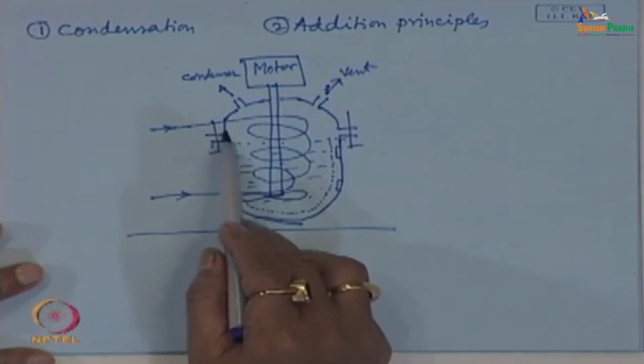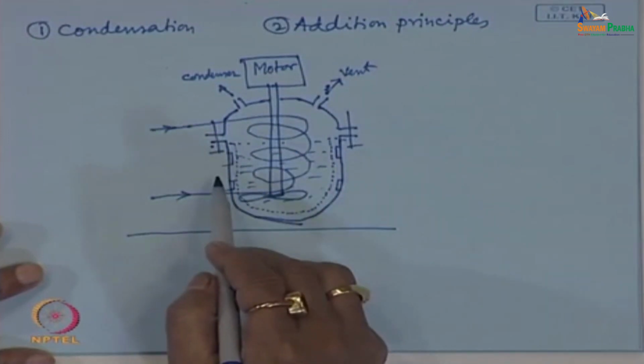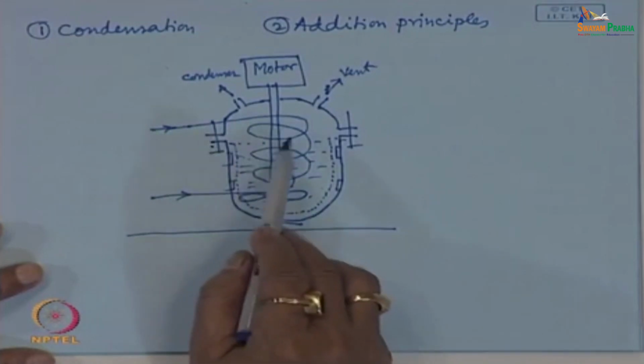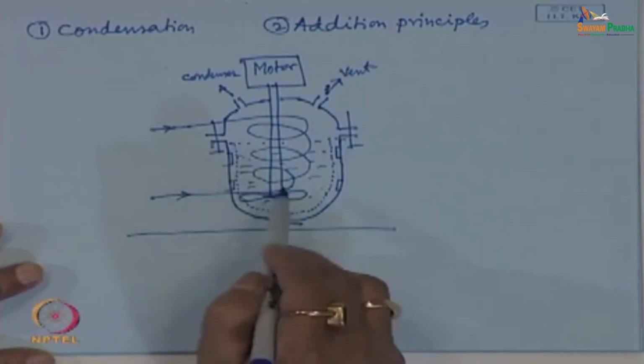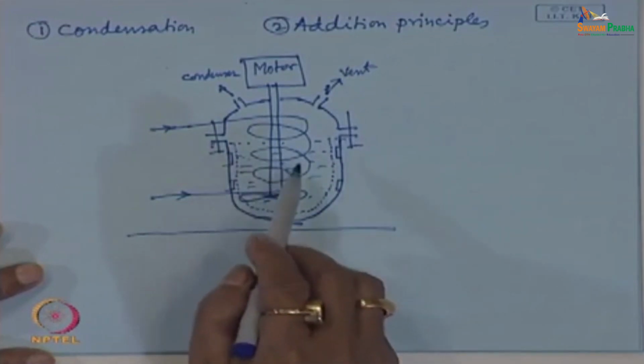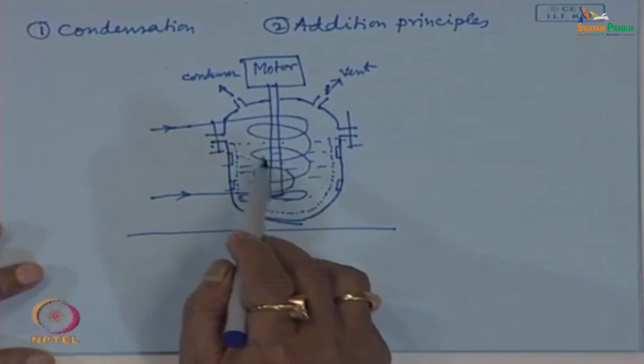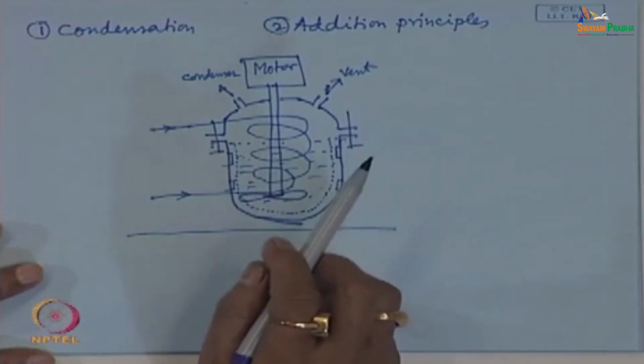This same heating system can be used as a cooling system also. If you pass hot fluid through this tube, sometimes you can pass cold fluid also. This way it can keep the temperature controlled inside the reactor.